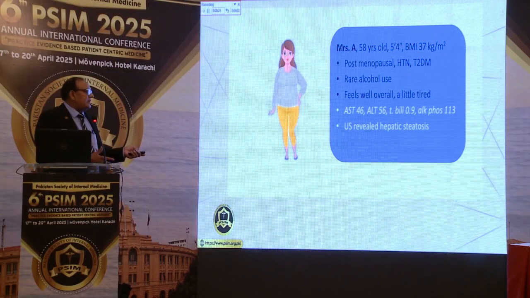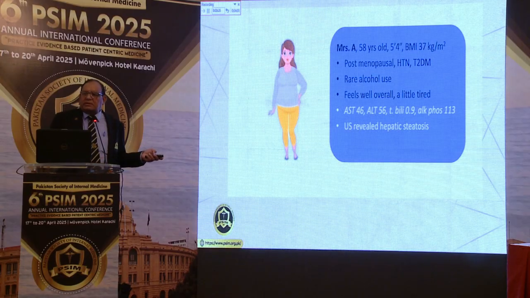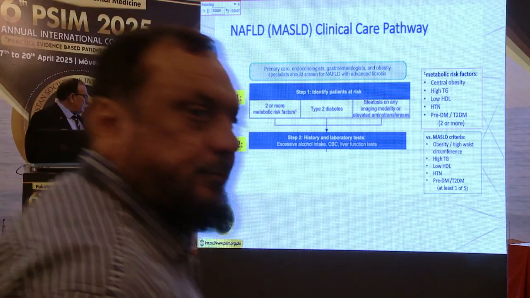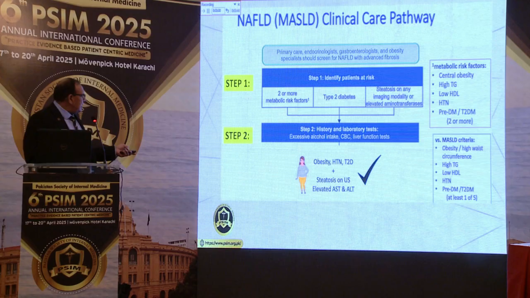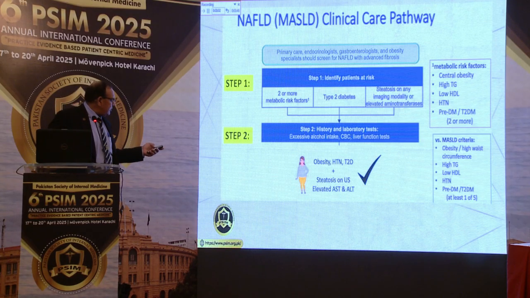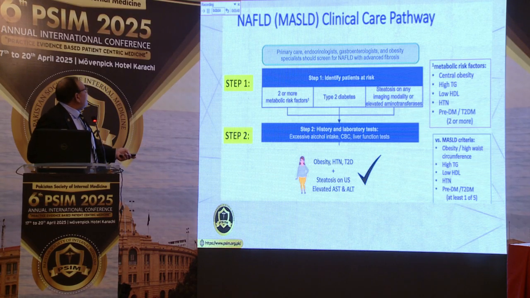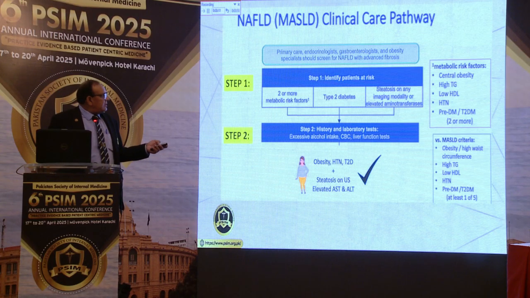This is a common scenario. Most of the patients coming to our clinics are like this, and it doesn't look bad, but when we act according to the criteria and calculate the FIB4, the risk factors are obesity, hypertension, type 2 diabetes, then steatosis on ultrasound, elevated AST and ALT, and these are the metabolic risks.